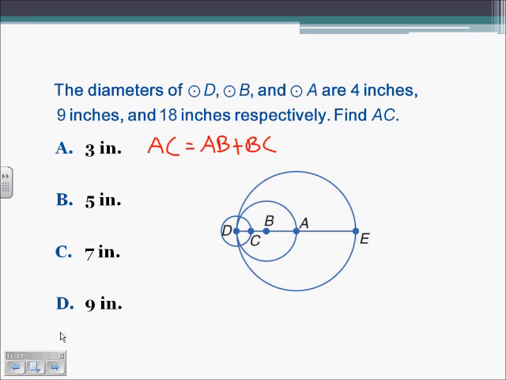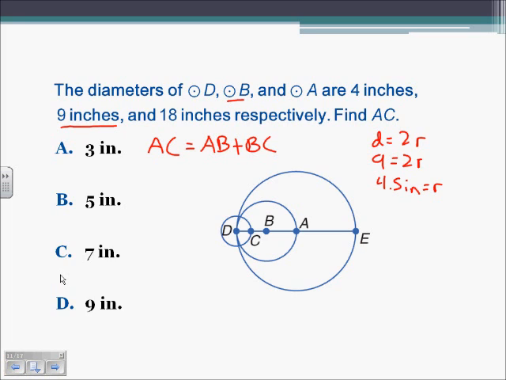We know segment AB right away is going to be a radius of circle B. They told us circle B has a diameter of 9 inches. So if the diameter is 9 inches, we know our diameter equals twice our radius, so our radius is going to equal 4.5 inches. So that's AB.